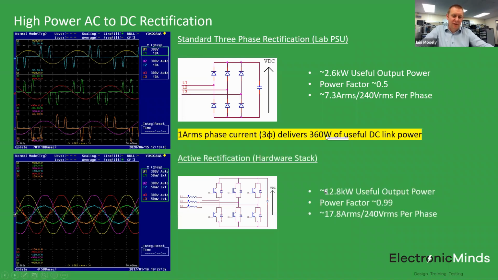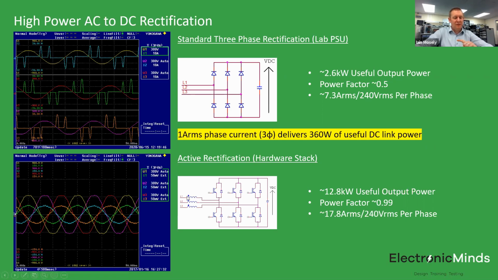Now, at a first glance, the active rectifier looks quite similar. You can still see that there's 6 of these diodes here, but now with each of those diodes, we've put a power semiconductor switch, and in this case here, I've drawn it as an IGBT. It could actually be a MOSFET or a silicon carbide MOSFET. And we've got 3 inductors on the input.